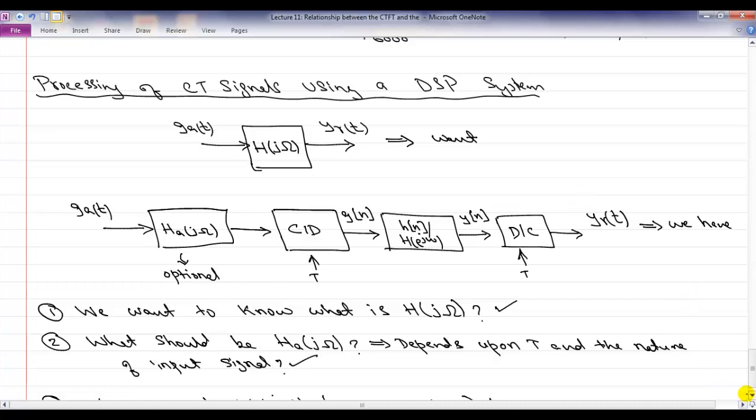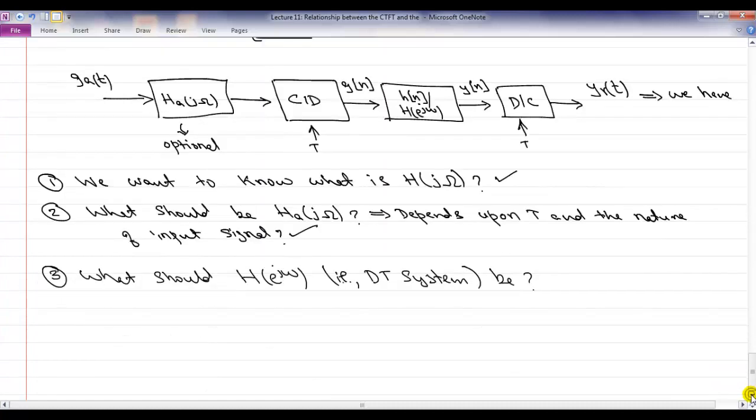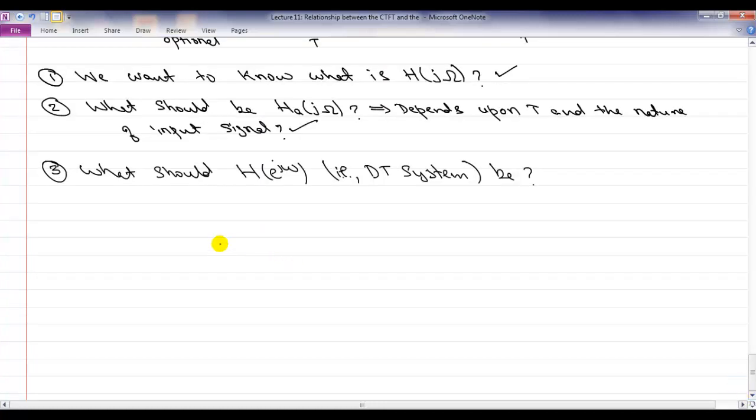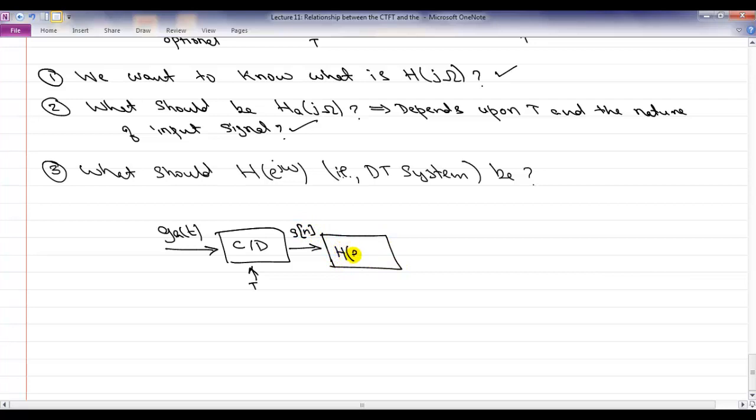So for the time being, we will ignore the issue of the anti-aliasing filter. What we are given is that you have g_a of t, you sample it to get g[n], and you are now required to design h of e to the j omega to get back y_r of t.